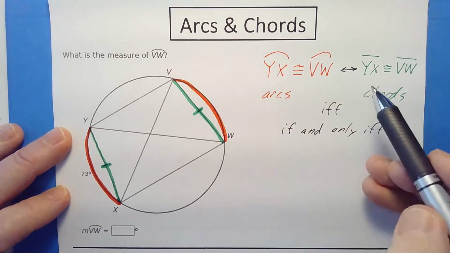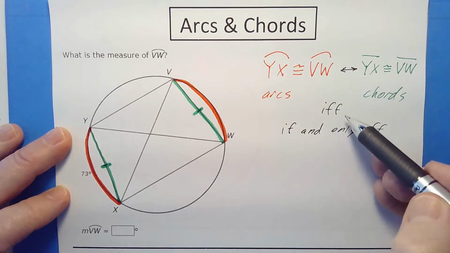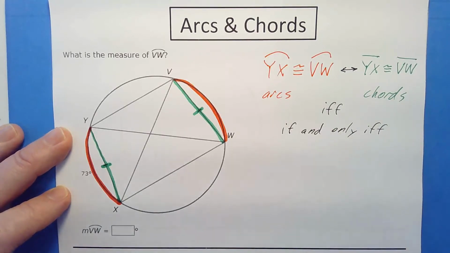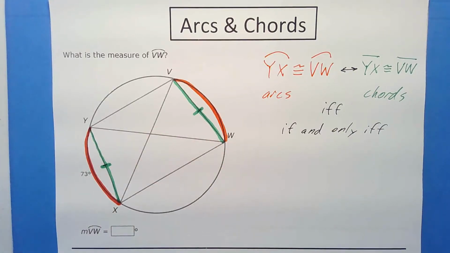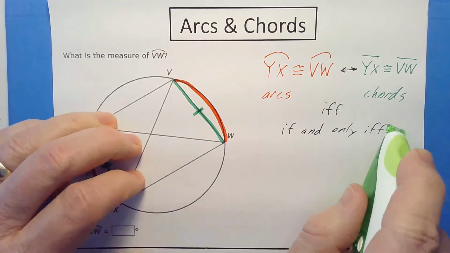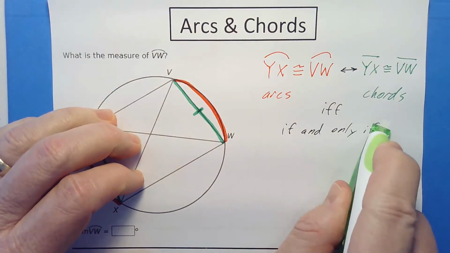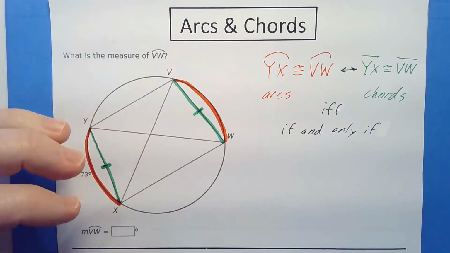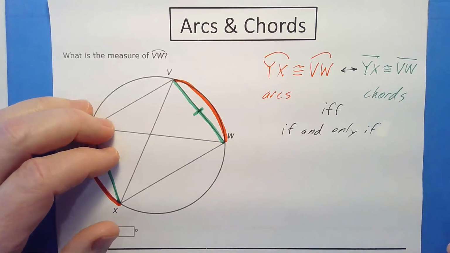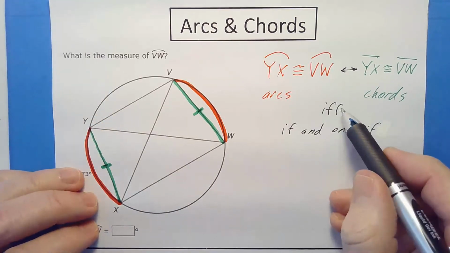So you could write it double arrow, iff, or if and only if. Oops, actually, I goofed there. I got a little carried away with my F's there. We shouldn't have that extra F. Don't write that extra F there. I was having too much fun with my if and only if. When you write it out in words, you just say the F like that. This is the abbreviation for it.